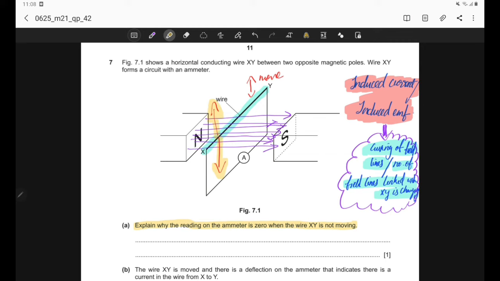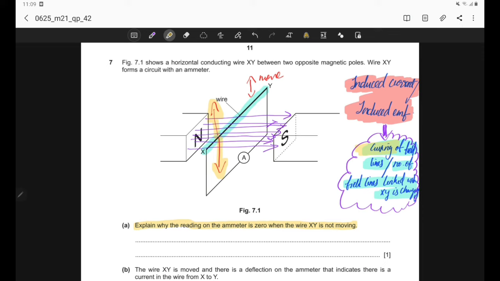Then only the field lines will get cut, and that will cause the generation of induced EMF. But as long as we are not changing the position of the wire, and the wire stays at the same position, the magnetic field lines are touching or linked, but not cutting. As long as there is no cutting, there won't be any current.